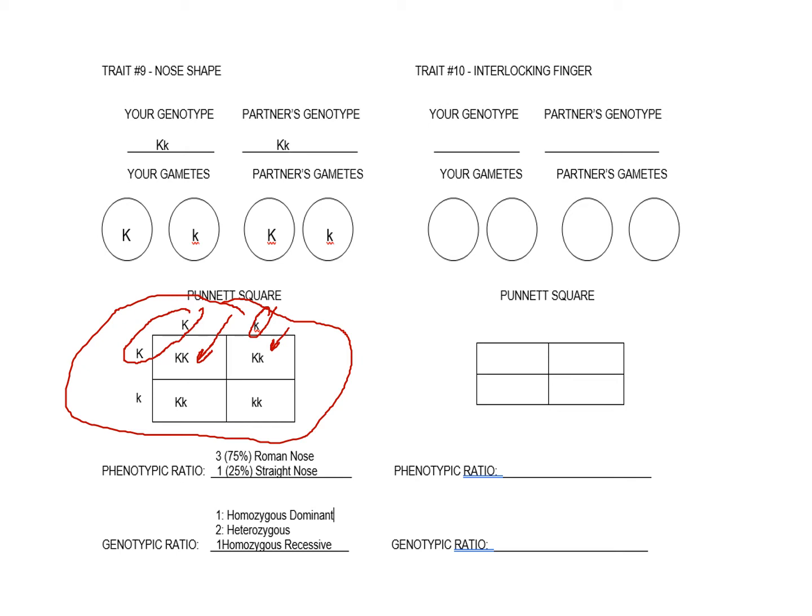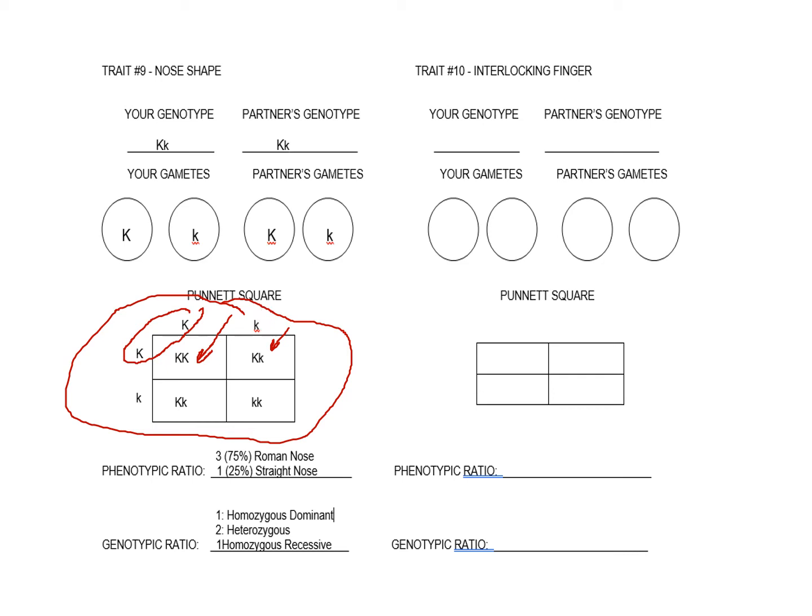So you do that for the 4 boxes, and then from that information you can determine what the phenotypic ratio is. And remember, the phenotype is the expression. It's what's evident. It's what you see and what appears. So that's going to be the nose shape in this case. And then the genotypic ratio is going to be the alleles that you have.